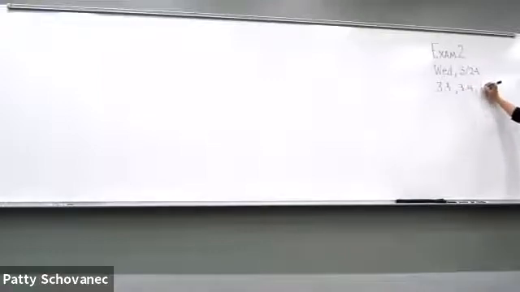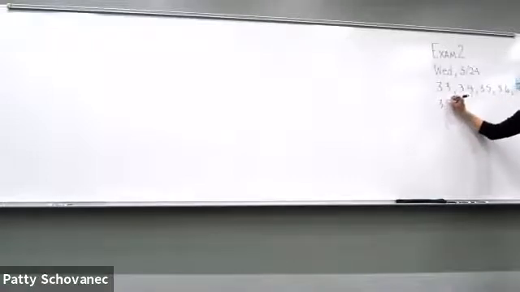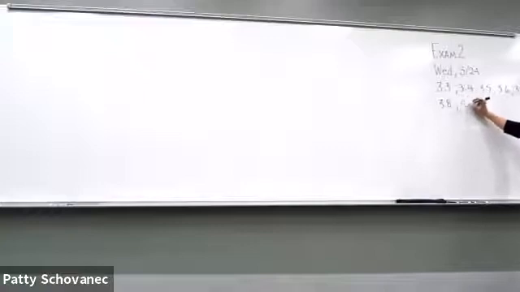The chain rule in section 3.5. 3.6 was implicit differentiation. 3.7 was related rates. 3.8 was the linear approximation and the differential. 4.1 is finding the extrema on a closed interval. And then we'll see if we're going to add 4.2 or not. So I'll put that in parentheses.